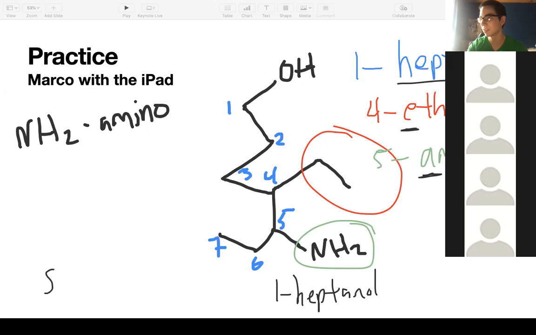So in fact, our amino is gonna go first, and then our ethyl. So at the end of the day, we have 5 amino, 4 ethyl, 1 heptanol.